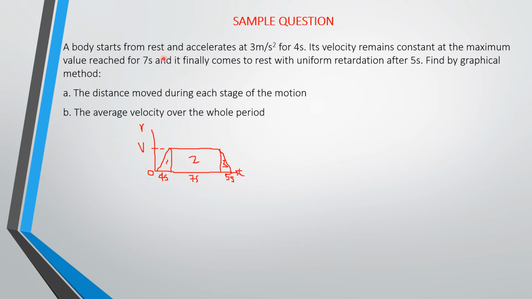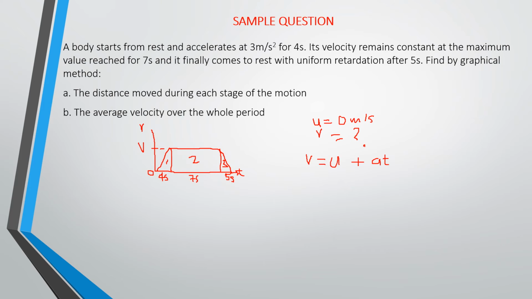Since the body started from rest, u is equal to 0 meters per second, which is the initial velocity. The final velocity is unknown, so we can use the first equation of motion, which says v is equal to u plus at.